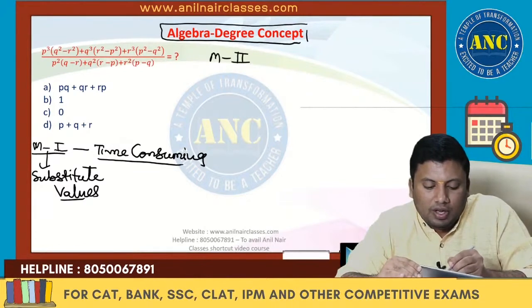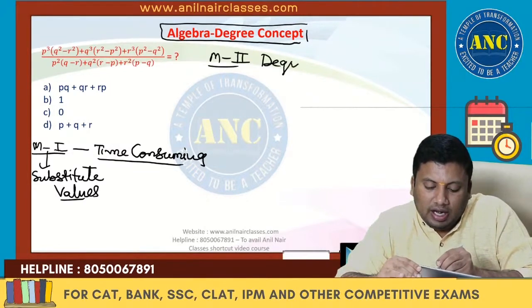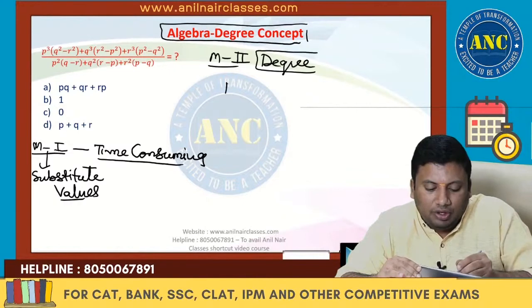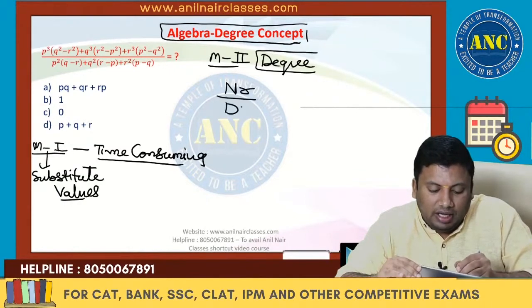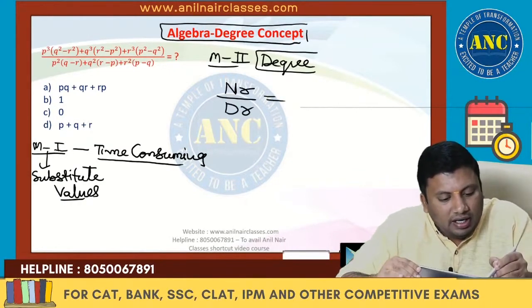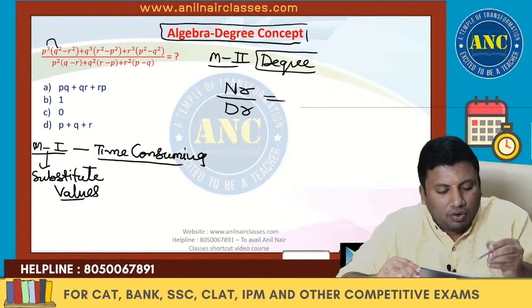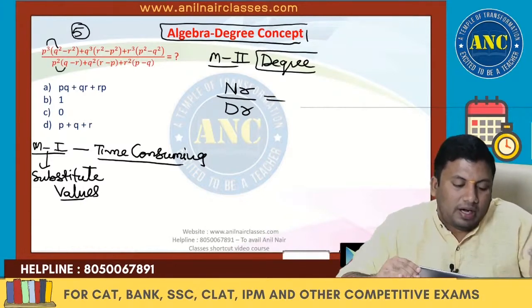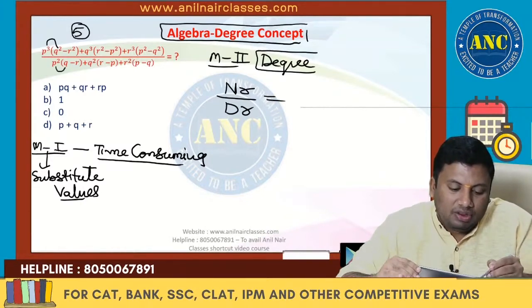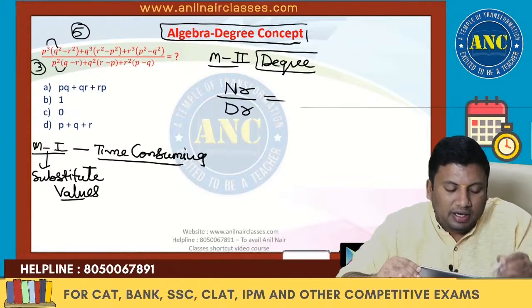Method number 2. Best method, sir. Degree concept. Find out the degree of the numerator and find out the degree of the denominator. Degree is 3 plus 2, 5. Is there any term with the degree 5? No. The degree of the numerator is 5. P square Q, the degree is 3. Again 3, 3, 3. Degree in the denominator is 3.